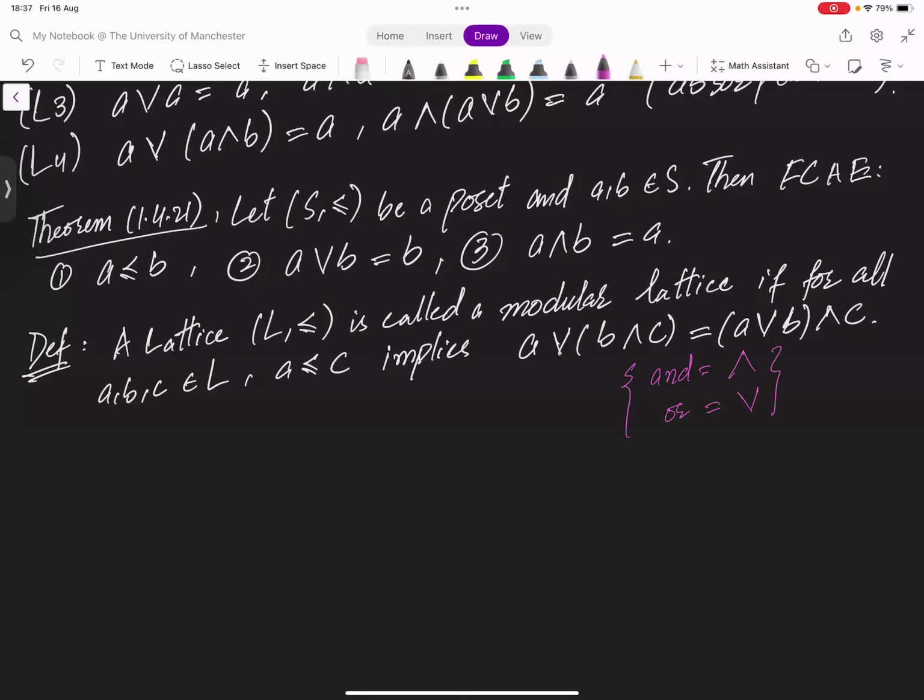So if you want to read them, not LUB and GLB, you can read like this also.